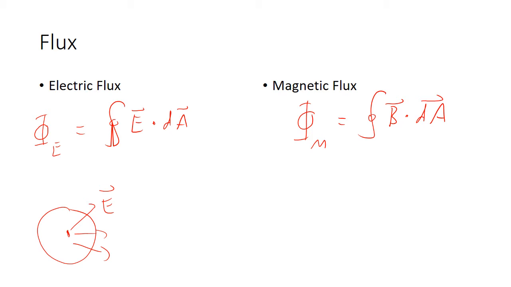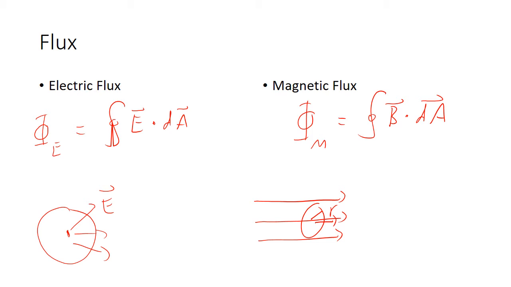If we have a surface here, magnetic flux will be the total magnetic field through that surface. For example, if we had a circle of radius r, and the magnetic field was going straight through it, dA is going to be a vector in the direction orthogonal to the surface.